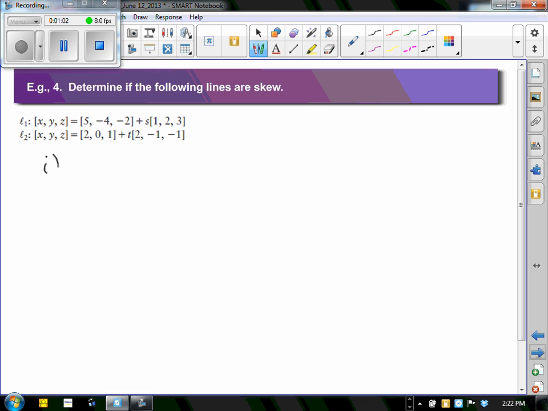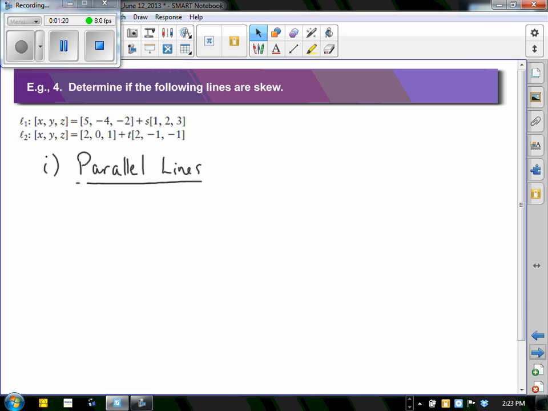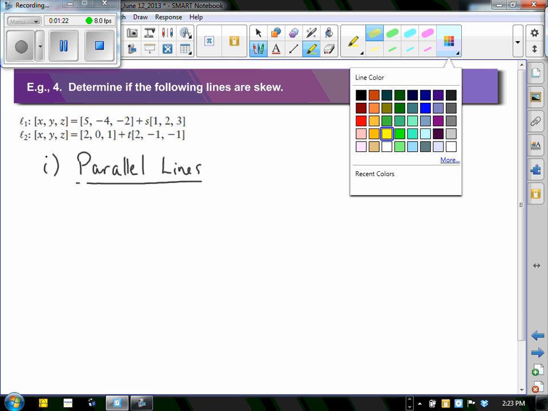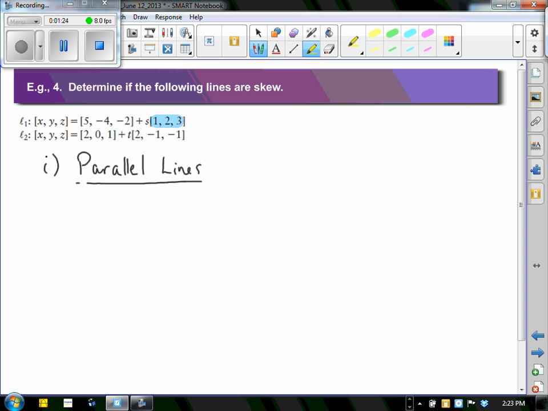The first part of our solution is going to be devoted to determining if the lines are parallel. So we're going to test for parallel lines. Let's have a look at our direction vectors. We'll name them specifically in just a moment. We have 1, 2, 3, and 2, minus 1, minus 1.